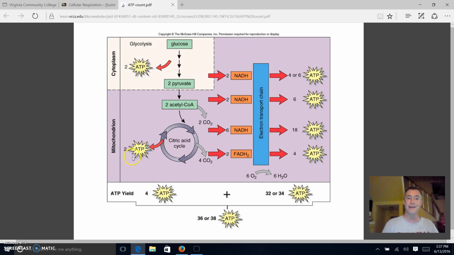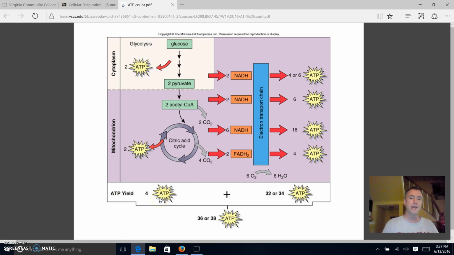When you're exhaling it, that's where it's coming from, and it originally came from the glucose. But what else is going on in this step? We're producing 2 more ATP. If pyruvate went in instead of staying out and turning into lactic acid, we get 2 more ATP, for a total ATP yield of 4 ATP.